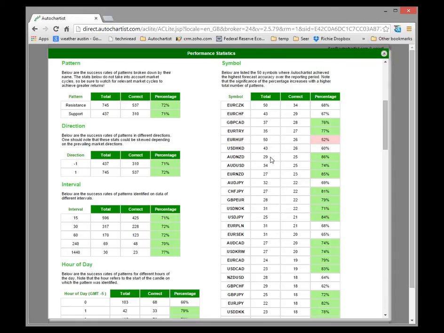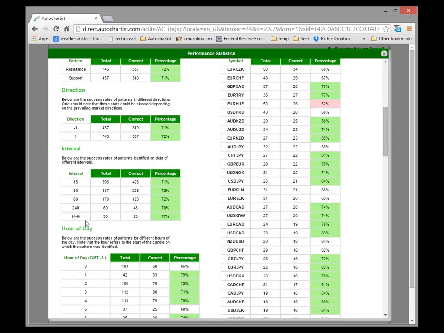That's GMT -5, right? So this is New York time. These stats are in New York time. And many people here in the United States think that the United States is the center of the global financial world. Unfortunately, it is not. The global center of the financial world is actually London.